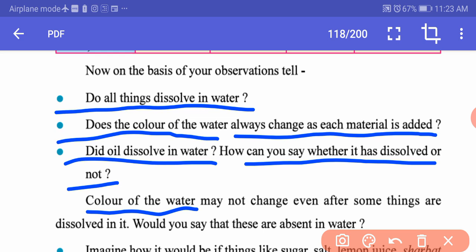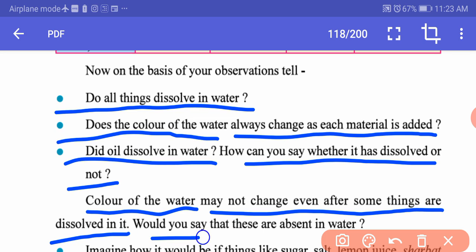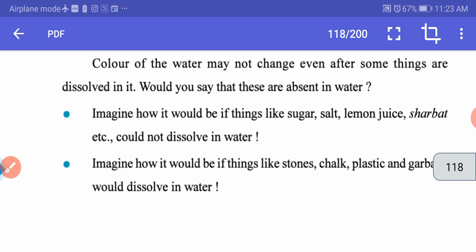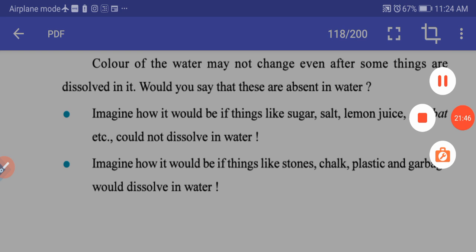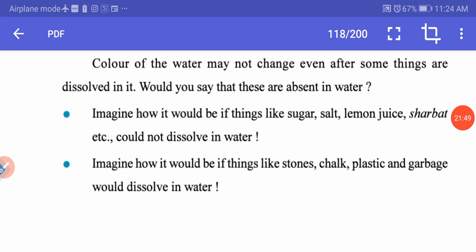Now the color of water may not change even after some things are dissolved in it. Would you say that these are absent in water? So what is said over here is that if you add sugar in water, the color of water will not change. But can we say that there is no sugar in the water?